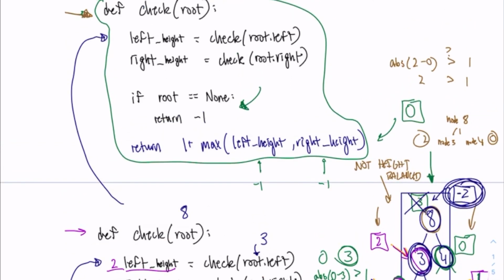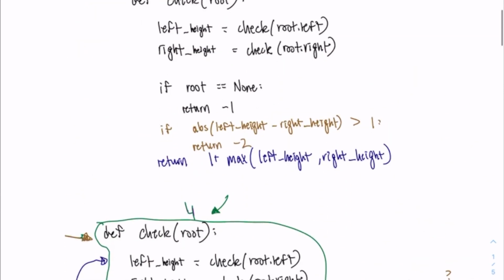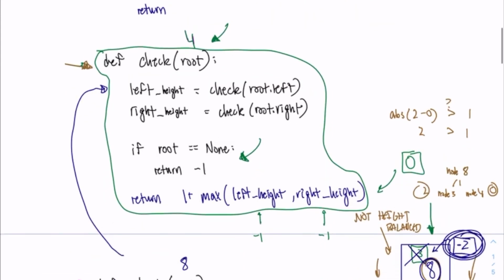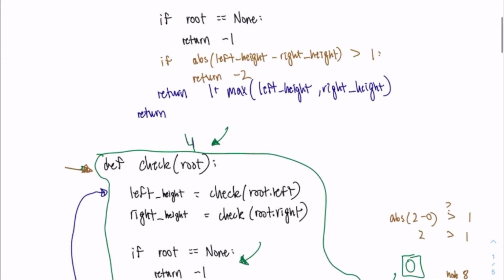So we need some way to resemble this. So outside of the function definition, we have a return statement that says return check root if it's not equal to -2.